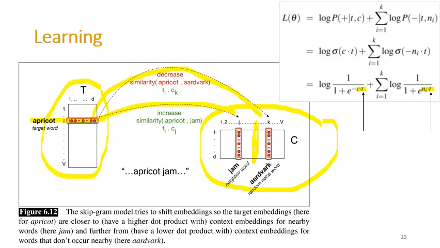What you're going to do here is keep increasing the similarity between the correct pair of context and target words, and keep decreasing the similarity between words that are actually not the correct pair of context and target words. So finally word2vec will return this set of vectors as the word embeddings of the words in the documents.